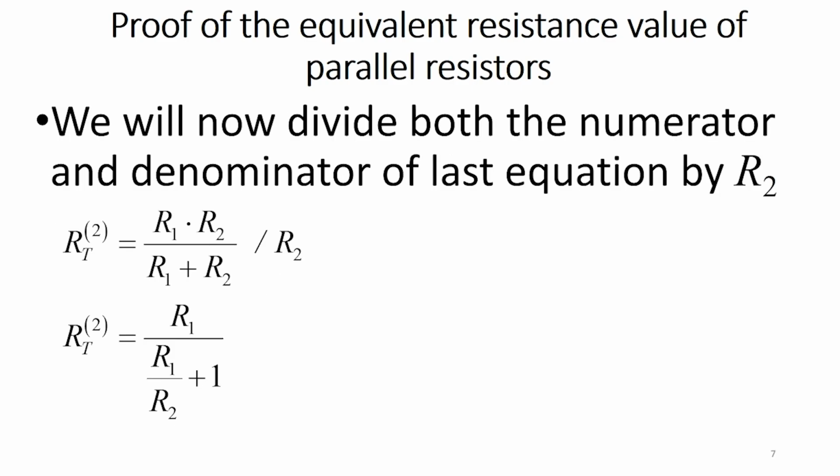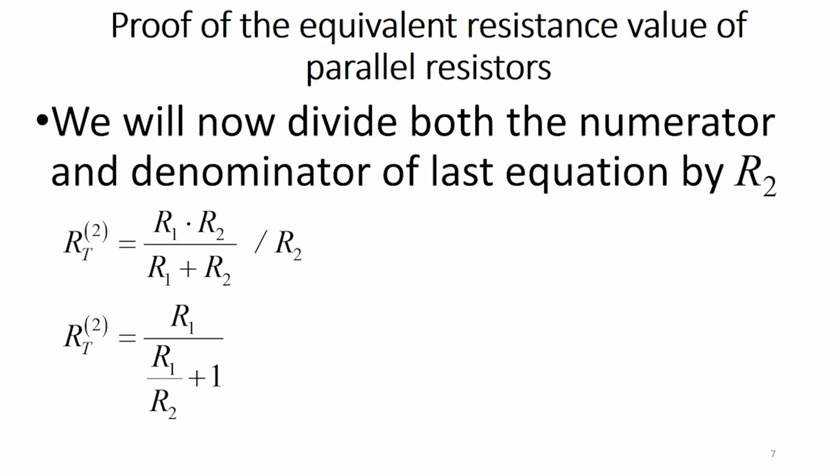We will now divide both the numerator and denominator of the last equation by R2. The equation is RT2 equals R1 times R2 divided by R1 plus R2. We divide it by R2 and get RT2 equals R1 divided by (R1 divided by R2 plus 1).